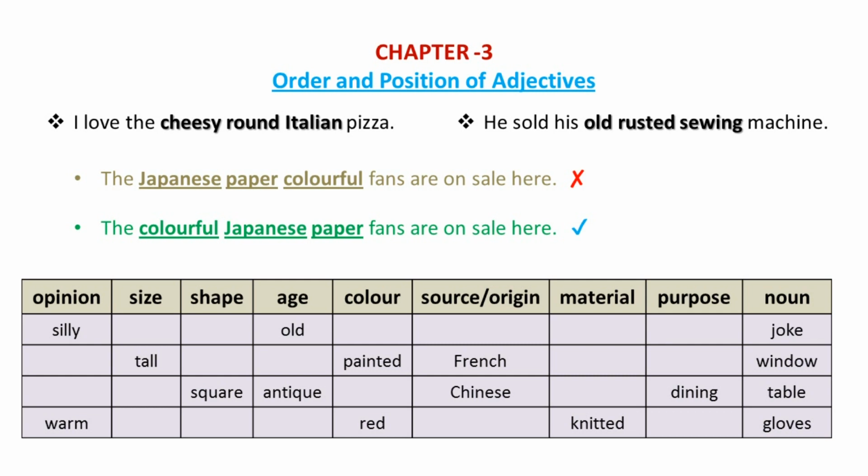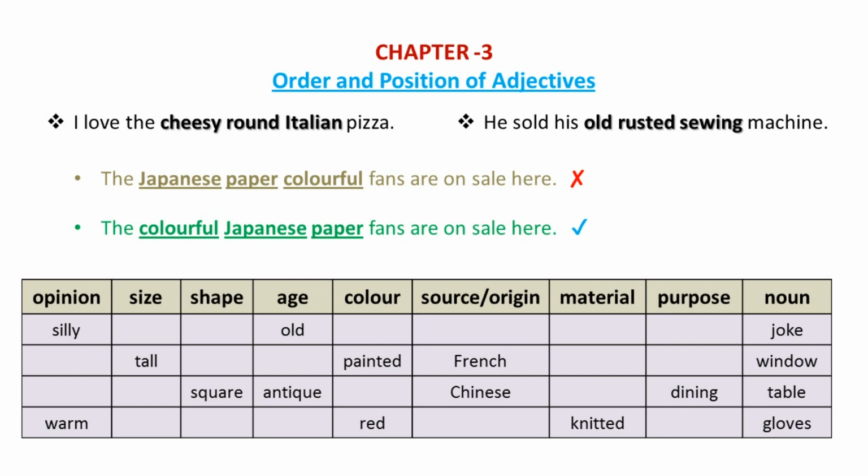So, the adjectives that are used before a noun should be positioned in this order: opinion, size, shape, age, color, source or origin, material, and purpose. Let us look at the adjectives that are placed in this table.